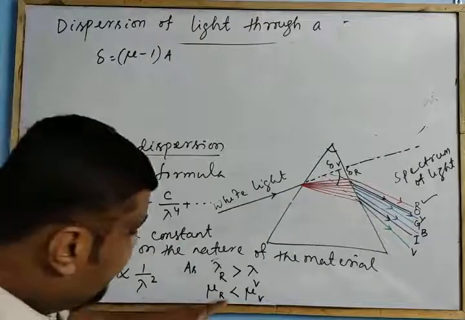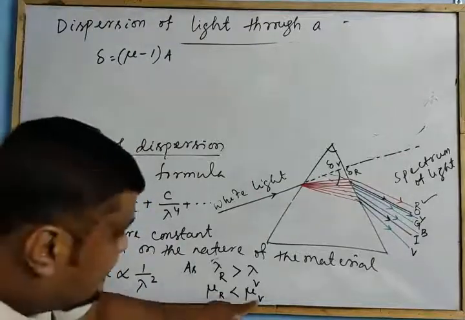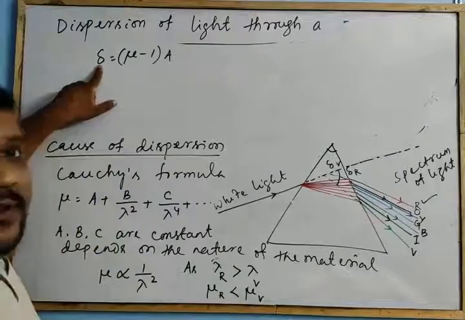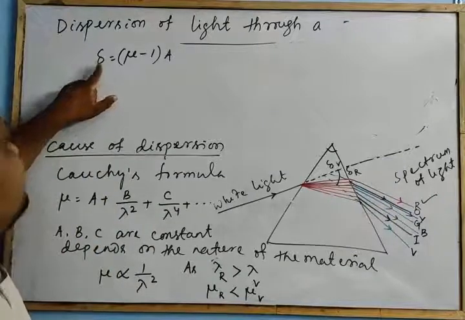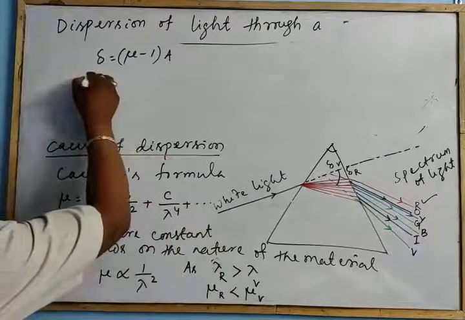Whose mu value is larger, for it the delta value will be larger.